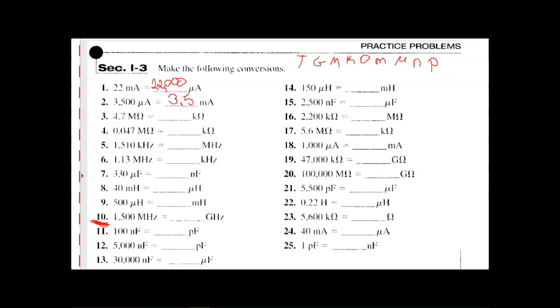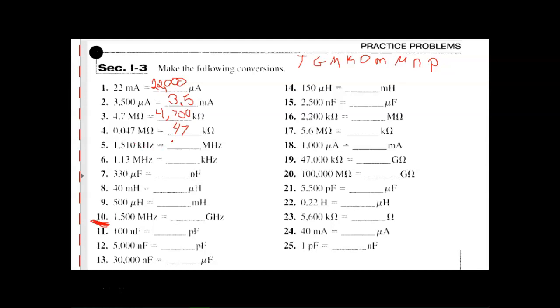This is mega. Okay. So going from mega to kilo, I'm going to end up with 4,700. Okay. And then again, we're going from mega to kilo, and this one should end up giving me 47 kilo.